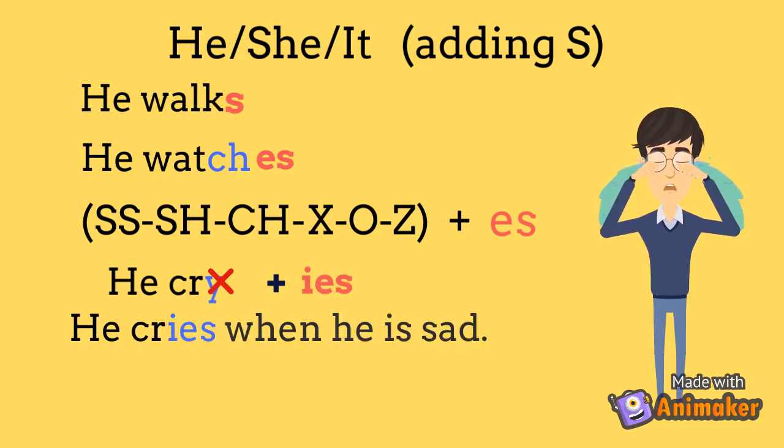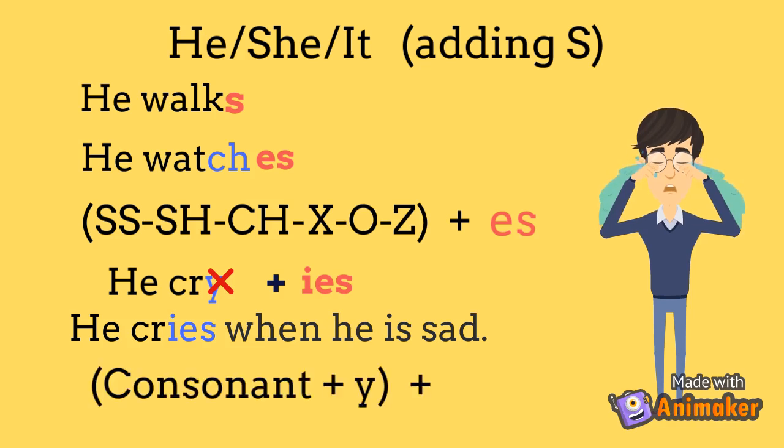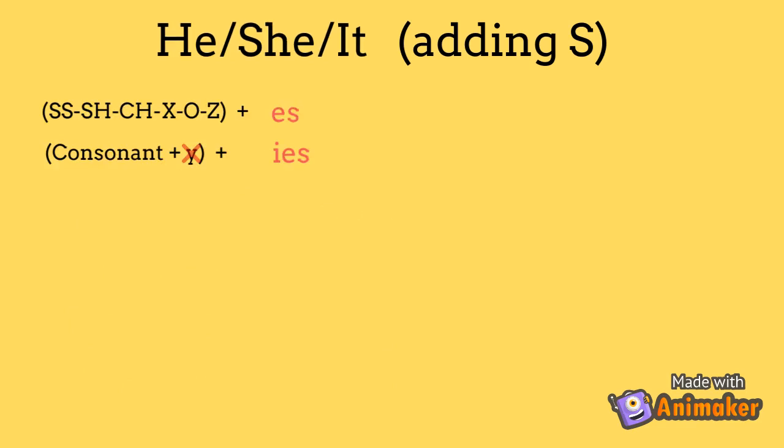He cries when he is sad. If the verb ends in a vowel plus y, we just add an s.